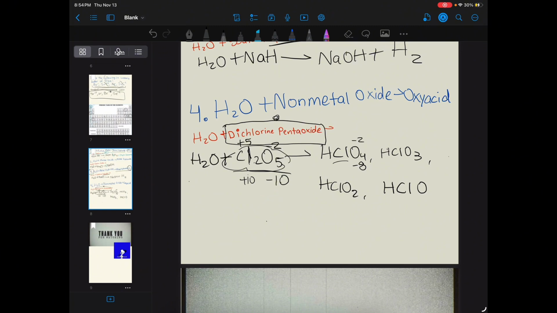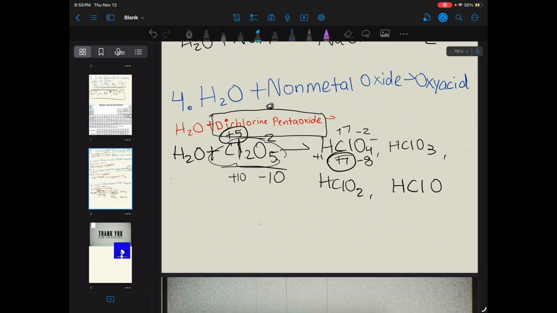So that would mean that the Cl has to be plus 7, because it would have to be plus 7 minus 8 to equal minus 1 for this ClO4's charge. And then the hydrogen has a charge of plus 1. So no, this plus 7 does not equal to the plus 5 that we had here for the Cl2.